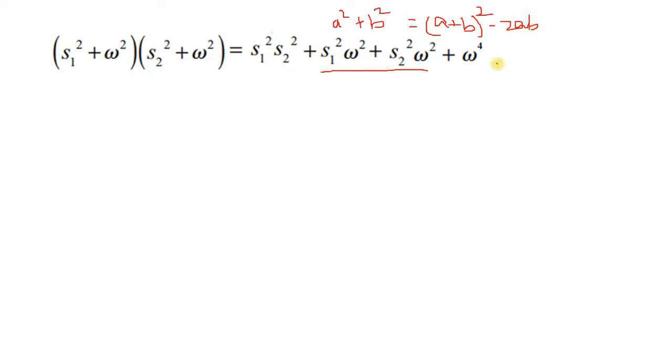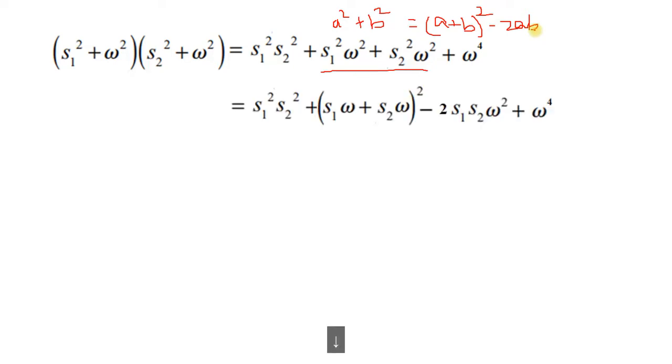For our simplicity, I go for this modification so that the equation looks like this, because we already know that the value of s1 into s2 is equal to 1 by LC. 1 by LC is nothing but s1 into s2. Similarly we know the value of omega into (s1 plus s2), which is equal to minus omega R divided by L. We know these values, so that is why I go for these modifications.